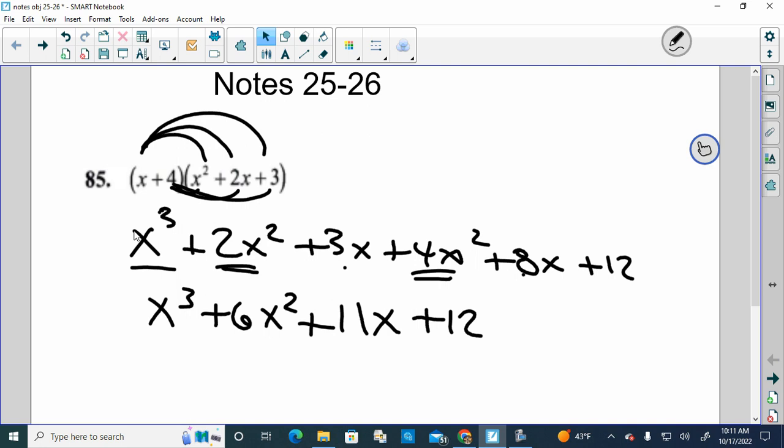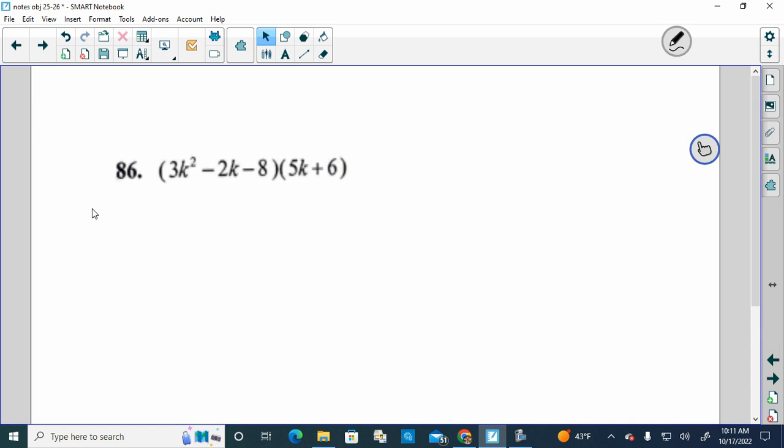Okay, so this next one is the same thing, but the way they have it written is flipped. So the trinomial is first and the binomial is second versus the binomial being first. I'm distributing my first one just to 2 things.